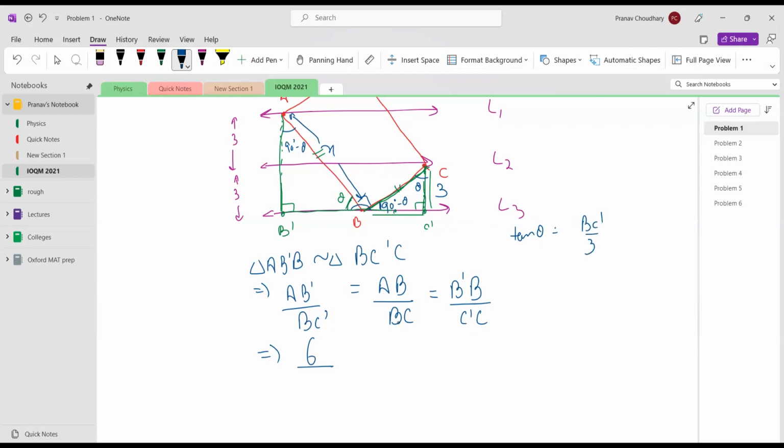So BC dash is 3 times tan theta. This equals AB, which is X, over BC, which is again X, and this equals B dash B over C dash C, 3.